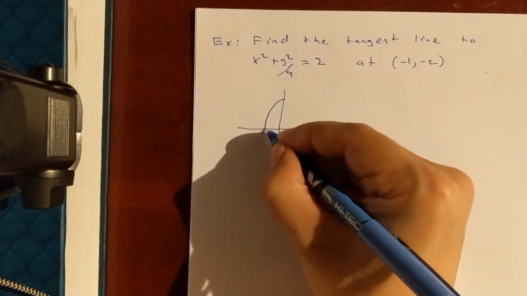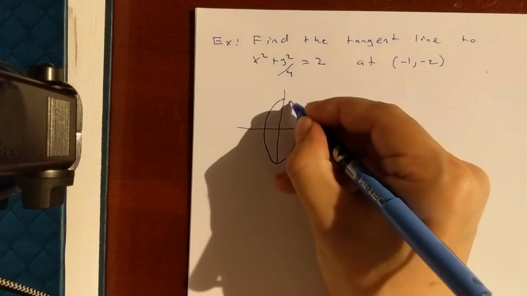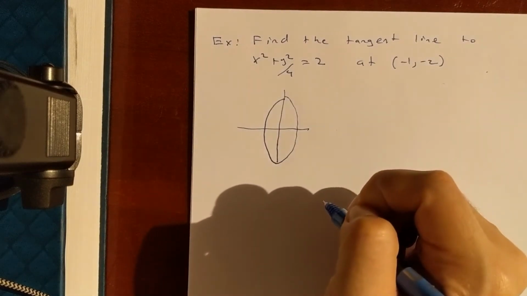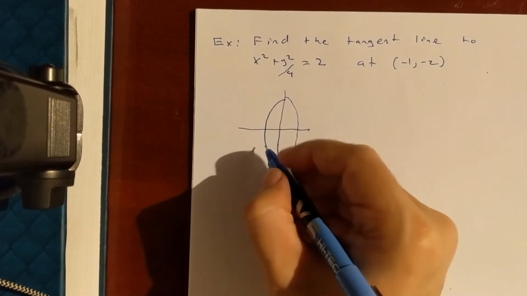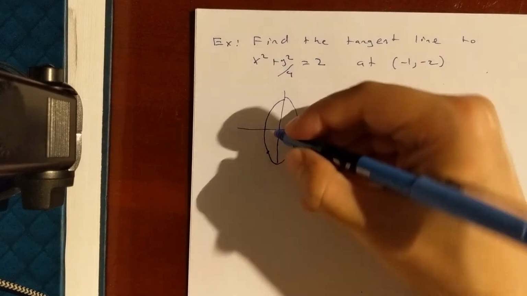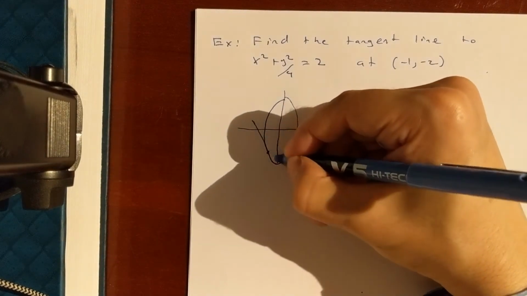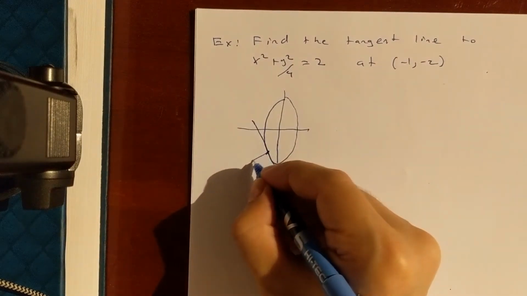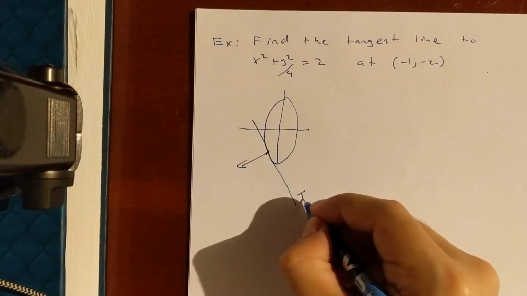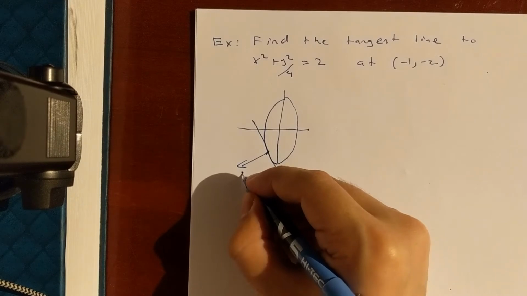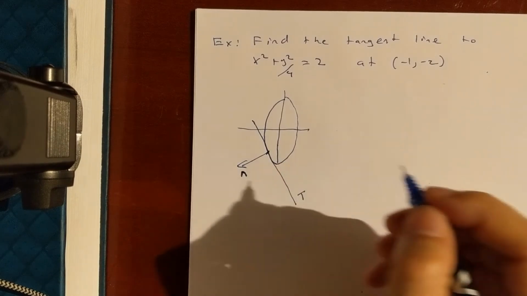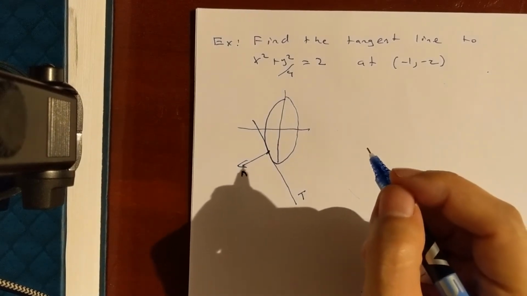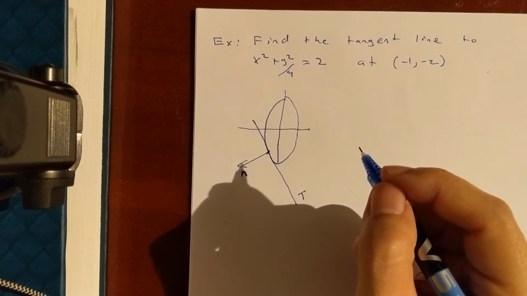The vertical is going to be bigger, so it's an ellipse like this. And (-1, -2), we're probably somewhere around here, and the tangent line is going to be this, and the gradient is going to be perpendicular to it. So this is the tangent, this is the normal line, which is the gradient. Okay, so let's do the math here.